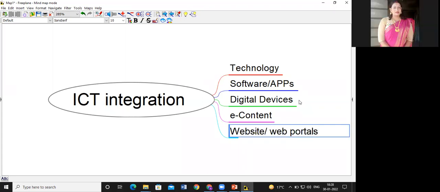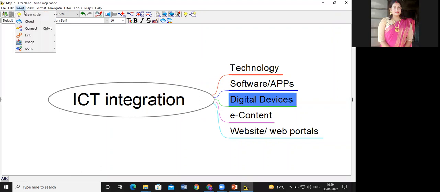If you look at what I have created, this is simply a web. Suppose I need to show the digital devices, then what I will do, I'll go to the digital devices. I'll click on the digital devices, and if you look at the upper part, here I'll find file, edit, insert.